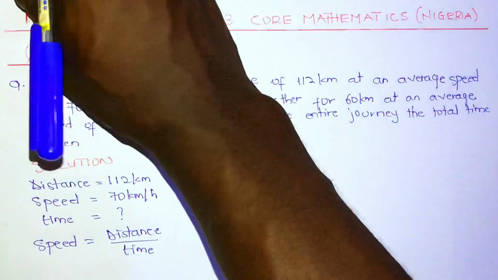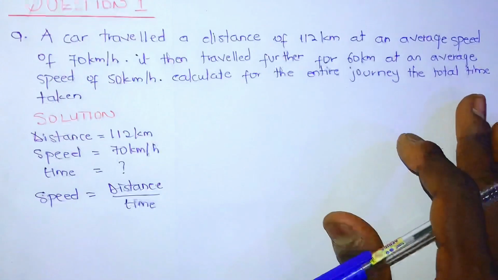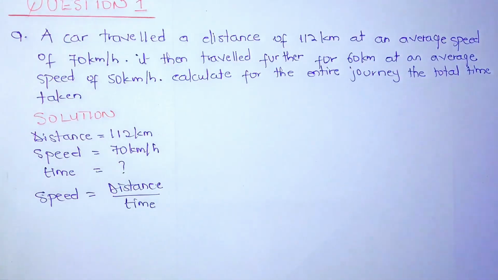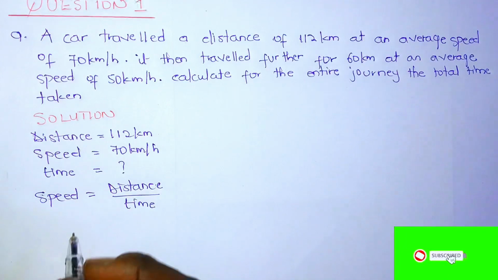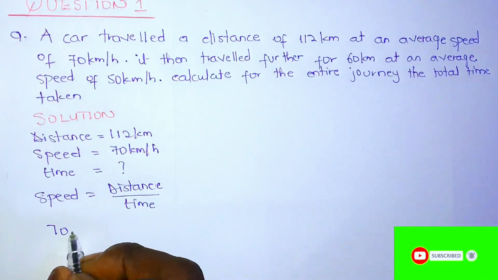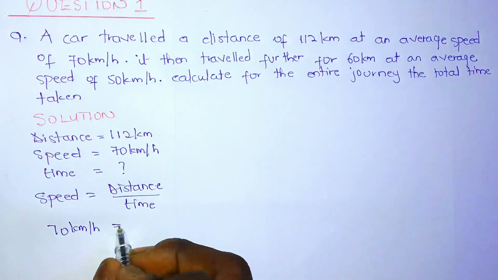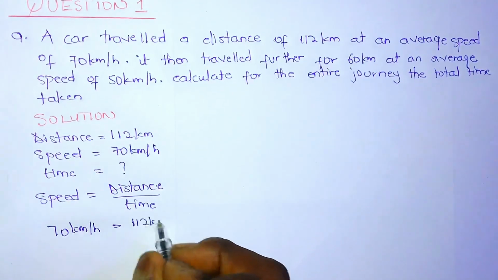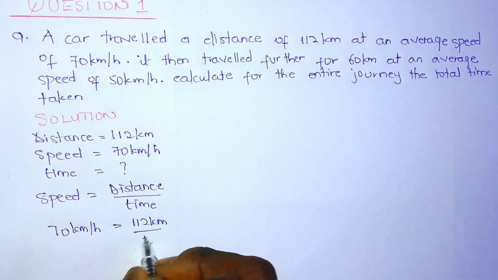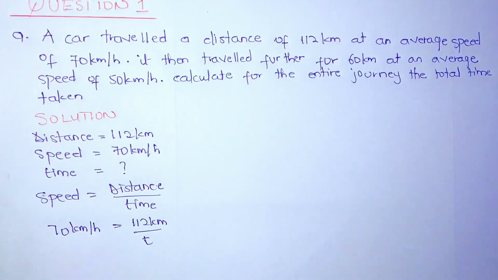So if speed is equal to distance over time, we can substitute the values. Speed was 70 kilometers per hour and the distance is 112 kilometers, all over t, which represents time we don't know.